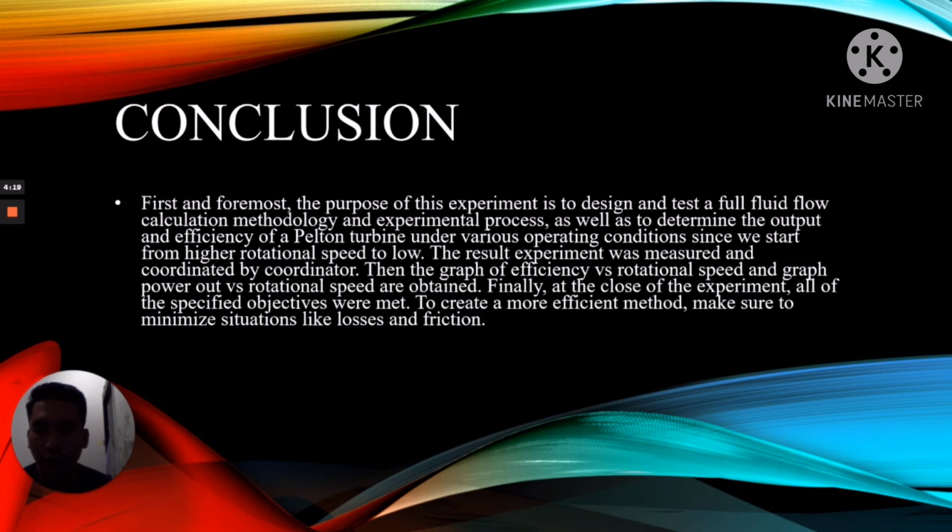Then the graph of efficiency versus rotational speed and the graph of power out versus rotational speed were obtained. Finally, at the close of the experiment, all of the specified objectives were met. To create a more efficient method, please make sure to minimize situations like losses and friction.